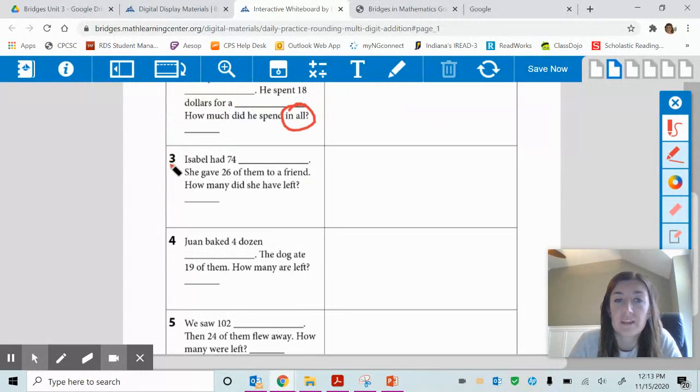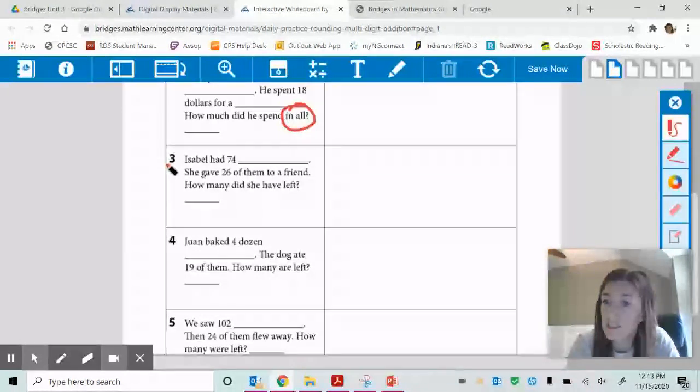Number 3, Isabel had 74 something. She gave 26 of them to a friend. How many did she have left? If she's giving some away, and I see the word left, that makes me think of what operation? What are you going to do on this problem?